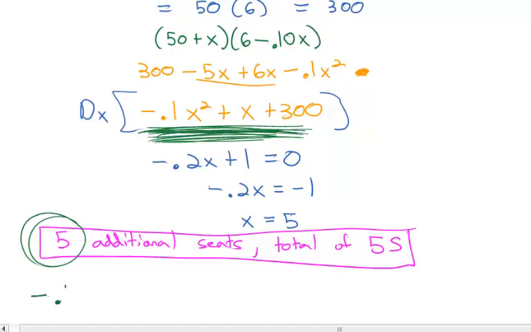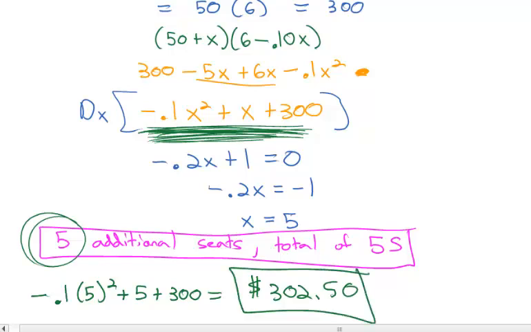So we have negative 0.1 times 5 squared plus 5 plus 300 on the calculator. And that's going to give us a total profit of $302.50. So we sell 5 additional seats and we make an additional $2.50. That is our maximum profit.